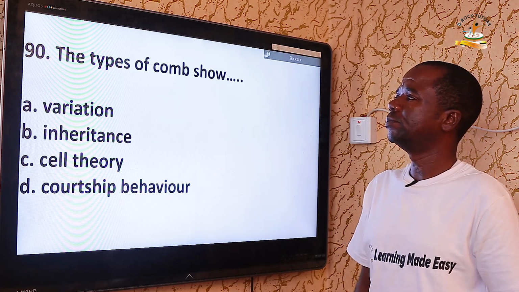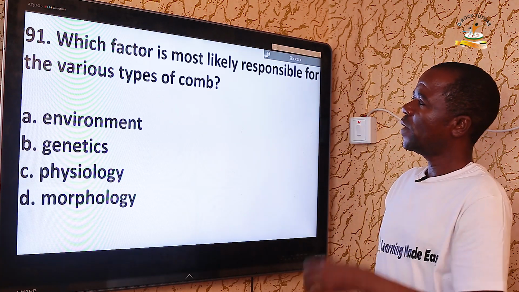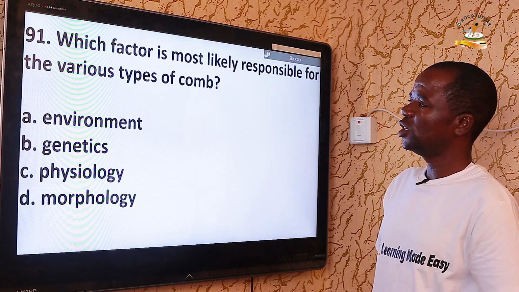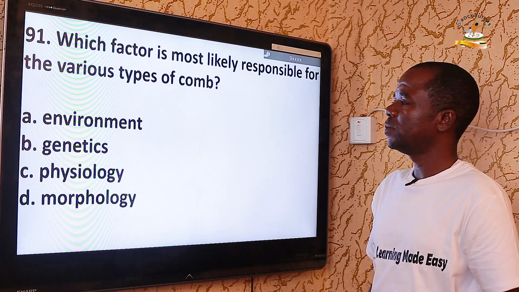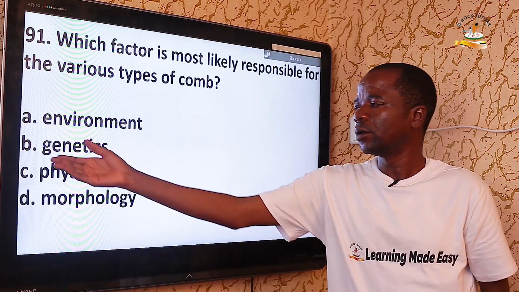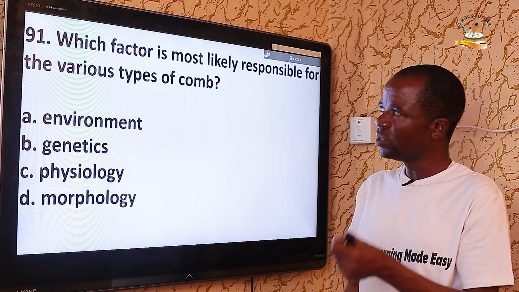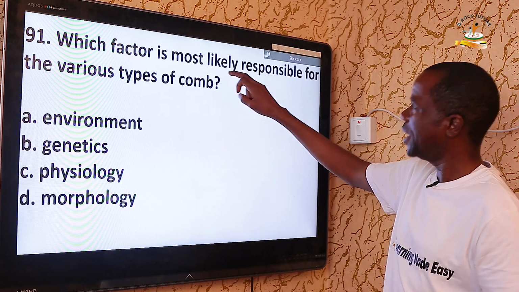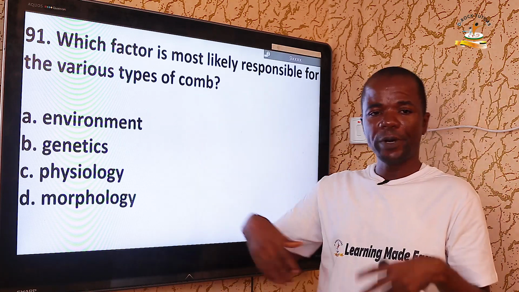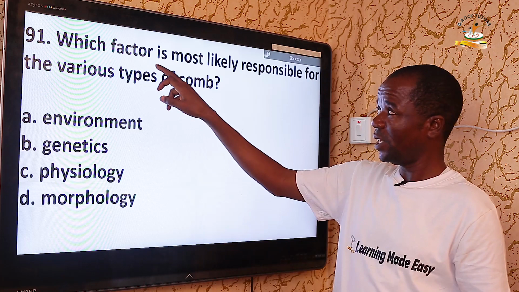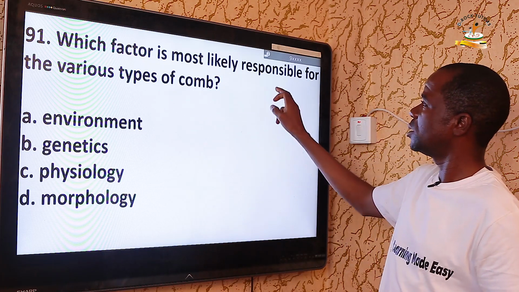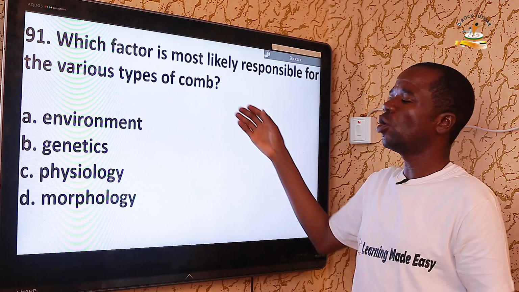Number 91. Which factor is most likely responsible for the various types of comb? The correct answer is genetics. Genetics is the most likely. Remember, environment can bring about variation, but the question is specifically asking which factor is most likely responsible for the various types of the comb.